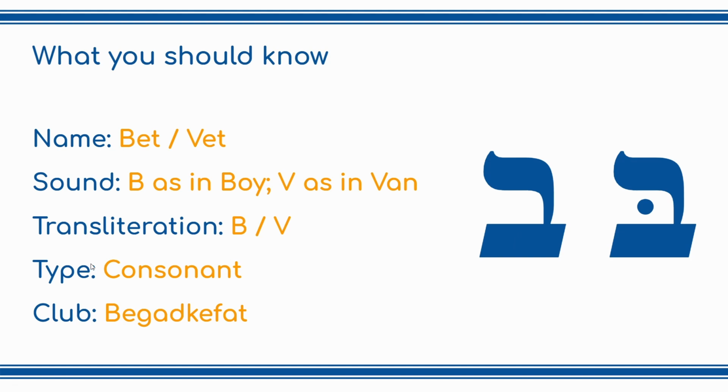What type of letter it is: a consonant. The club, it is a Begad Kafat club. So this letter is part of the Begad Kafat letters. And so just like Aleph is part of the gutturals plus Resh club, Bet is from the Begad Kafat club. Okay? So this is what you should know as you're continuing on in the lessons.